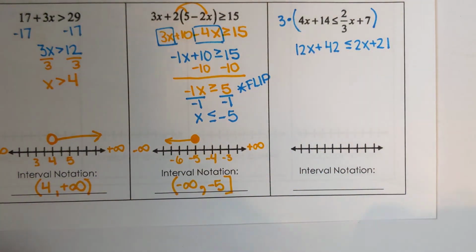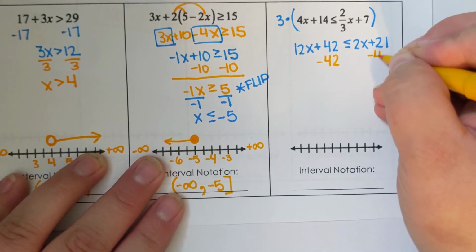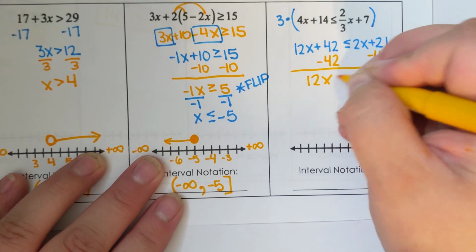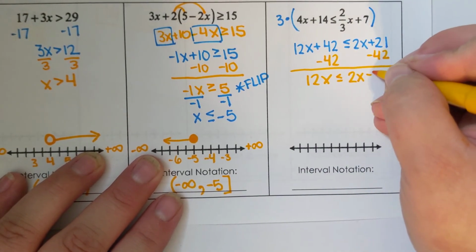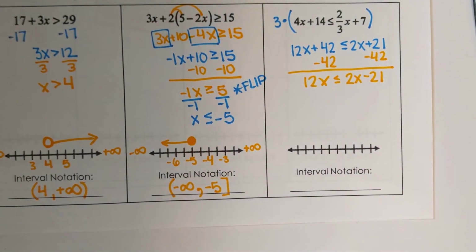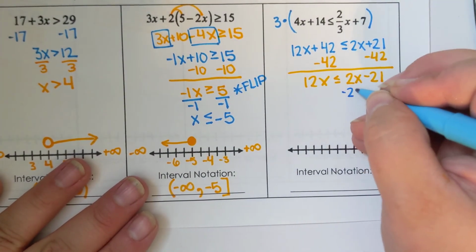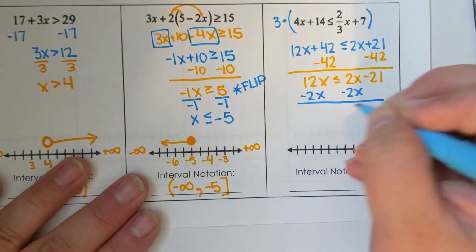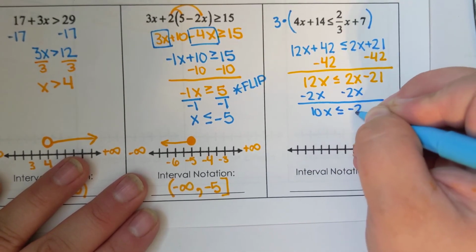Now I need to get my 42 to move sides, so I'm going to subtract it. 21 minus 42 is -21. And then I'm going to subtract my x's. 10x is less than or equal to -21.